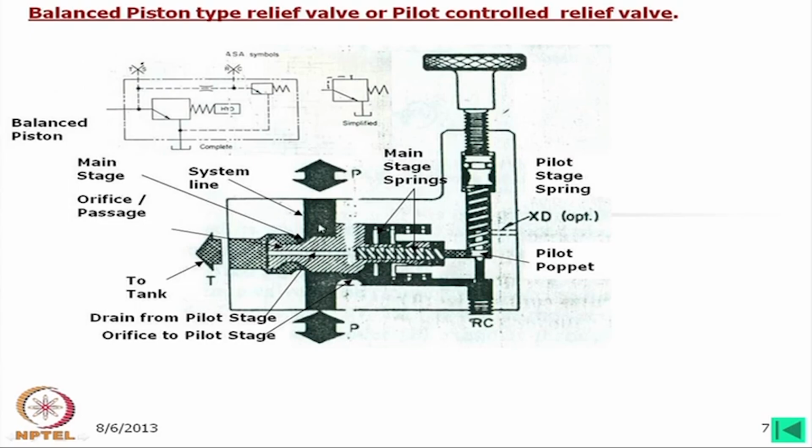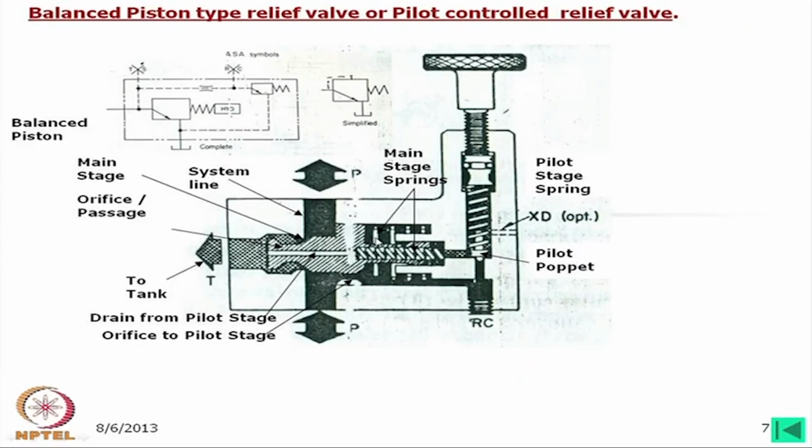Now, once it moves inside, then this will open and oil will go through this. Here the question is that when the oil is going through this, pressure here will reduce. So if the pressure reduces, then there will be again a change in flow, and there will be imbalance here again and it will try to close. But the thing is that this now works on a differential pressure.